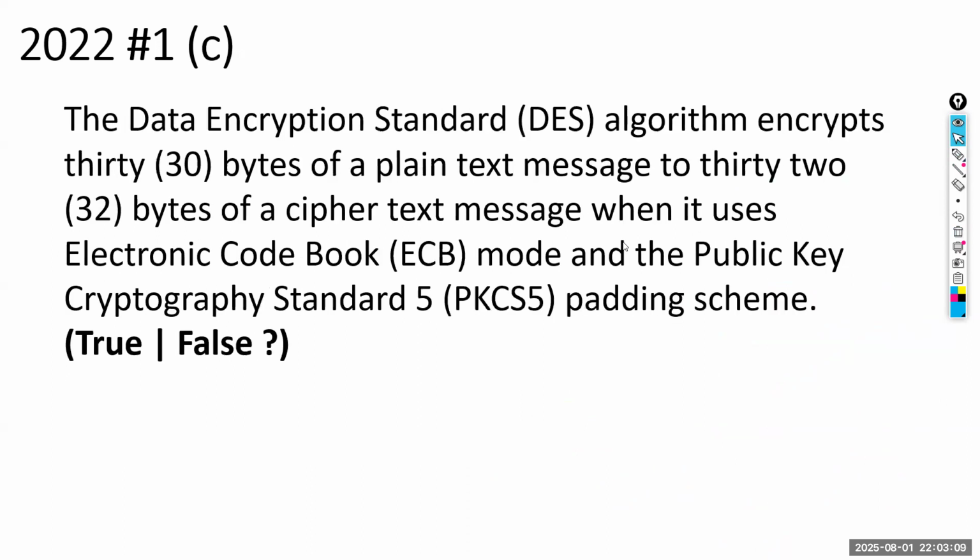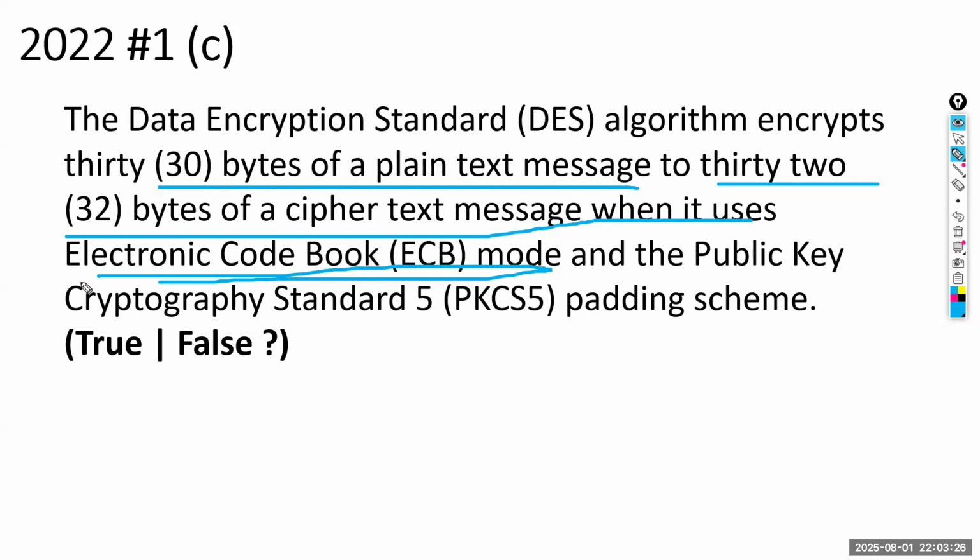Right. So the next one. Data Encryption Standard algorithm encrypts a 30 byte plain text message to 32 bytes of ciphertext message when it uses electronic codebook mode, ECB, and the Public Key Cryptography Standard, PKCS5.